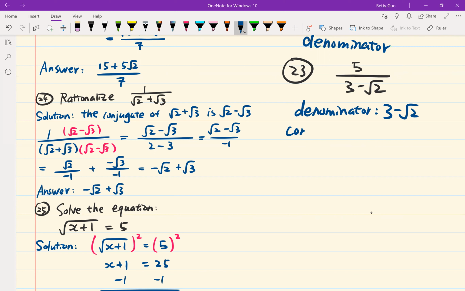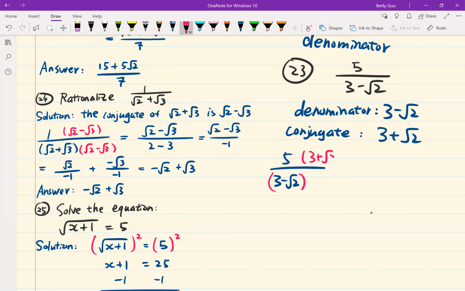And what's the conjugate of the denominator? 3 plus root 2. So we're going to multiply both top and bottom by the conjugate, 3 plus root 2. Okay?